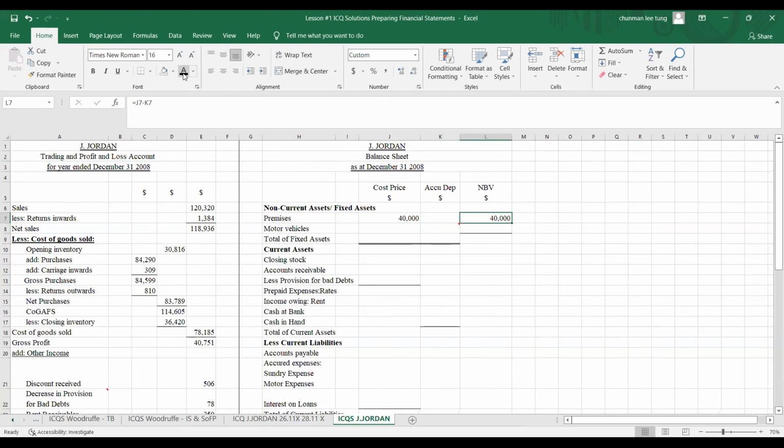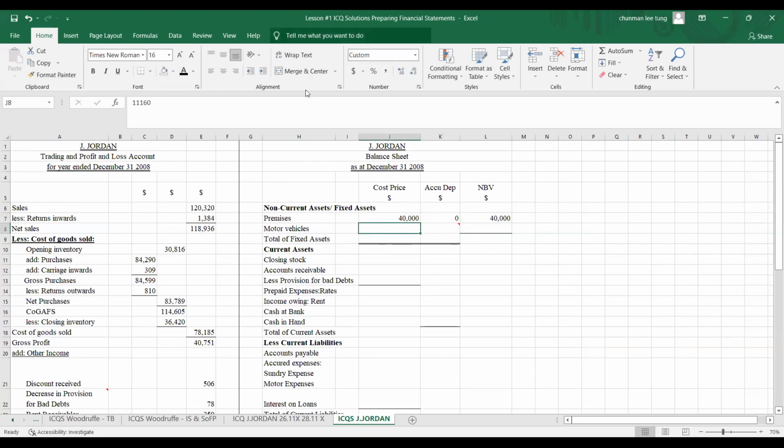So what is our amount for our net book value? Our net book value will be $40,000. It will be 40,000 minus your accumulated depreciation, which is 0, to give us $40,000.